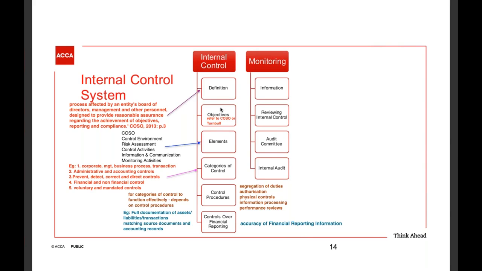Another thing is that you want to ensure that operations are effective and efficient. And then you want to ensure that the internal and external reporting that you are having is reliable. Another thing is that you are helping the organization to comply with laws and regulations. So that's also the objective of the internal control system.